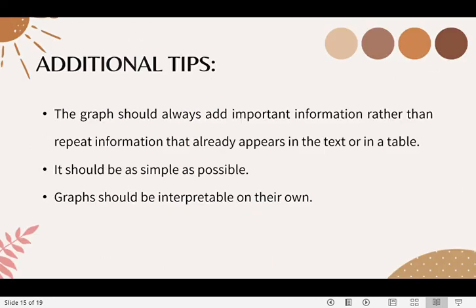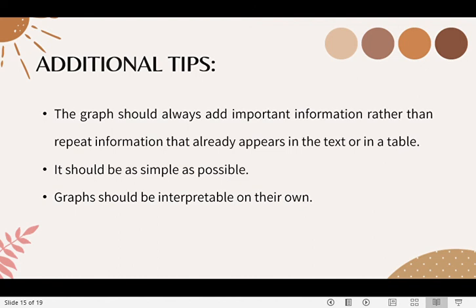So additional tips: the graph should always add important information rather than repeat information that already appears in the text or in a table. That is the main problem, or the flaw, in writing interpretations for data. You do not repeat or describe anymore what you see on the graph.